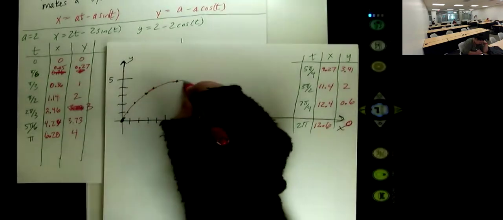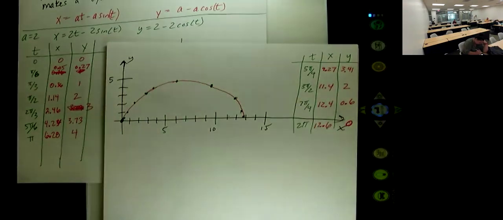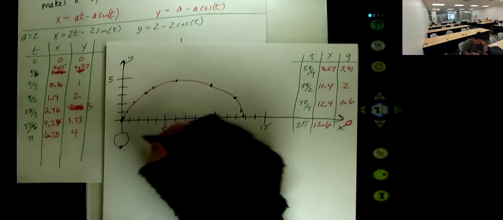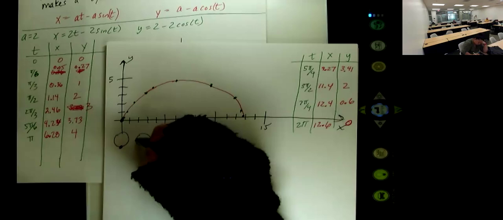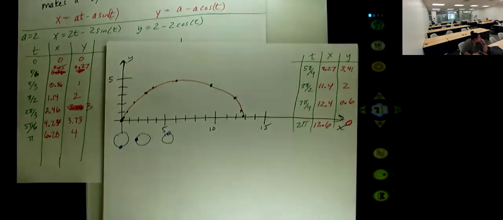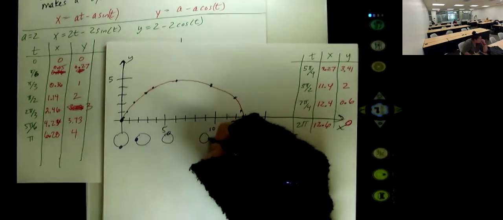So one full circle makes it do something like that. Which is modeling a point on a rolling wheel. The point is here, then it's rolling and the point is here, and the point rolls along and it's up here, and the tire rolls forward.